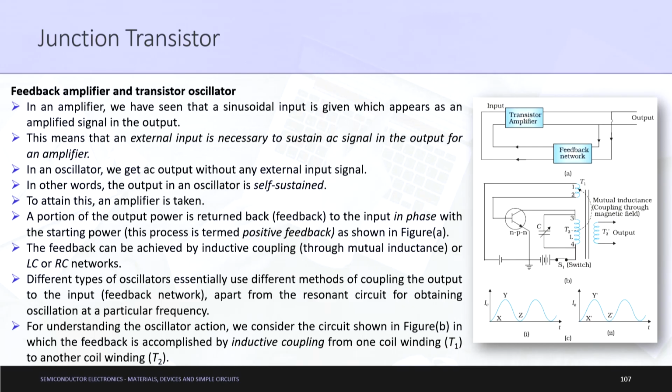Okay. A transistor oscillator is basically a device in which the amplitude of the signal is always constant. In other words, the output signal does not get damped, it is undamped.